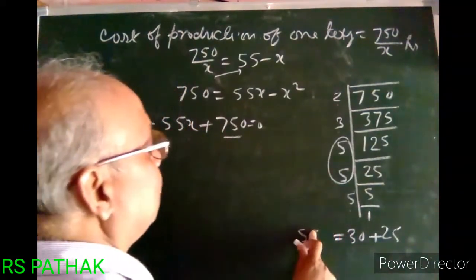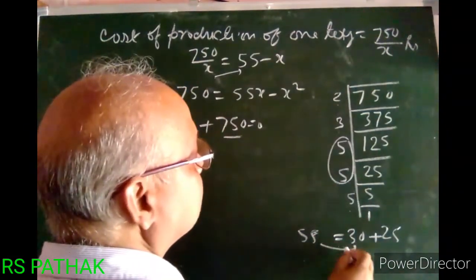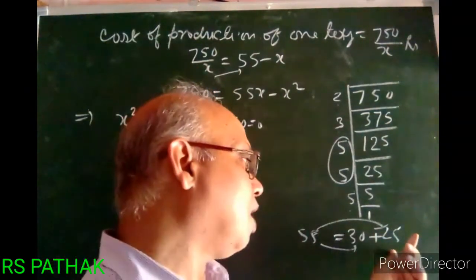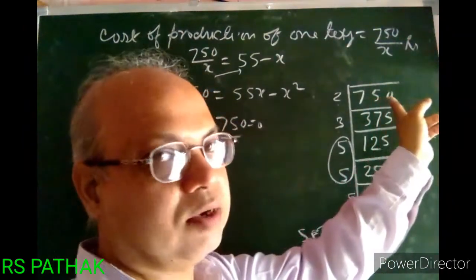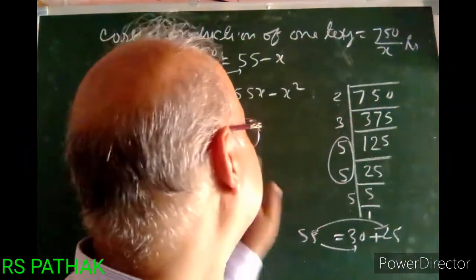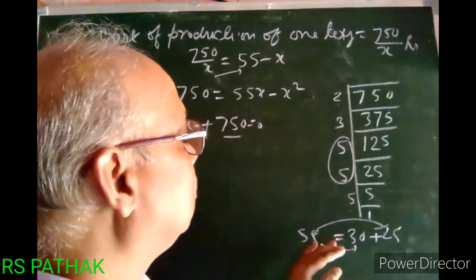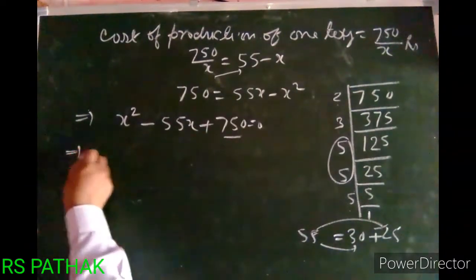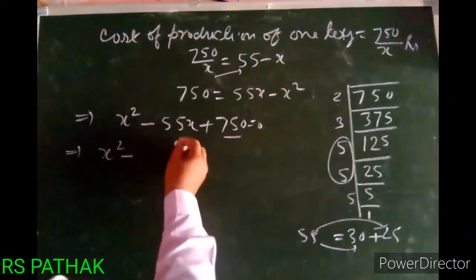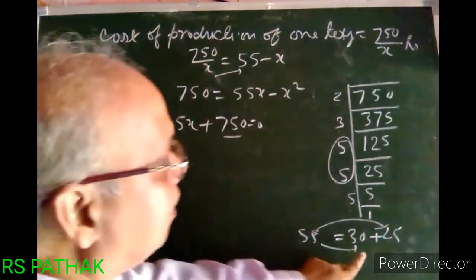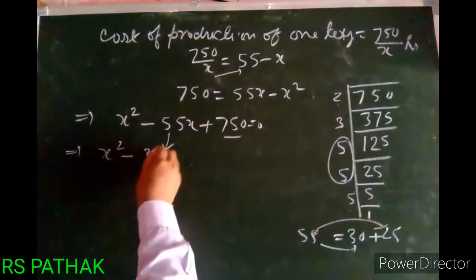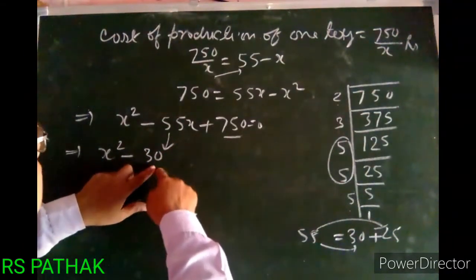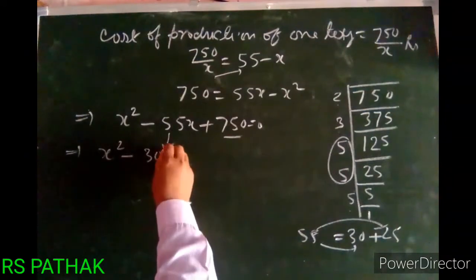Now 55 has been broken into two numbers, 30 and 25. After multiplication of 25 and 30, the result will come 750. Therefore, the middle term will be split into two numbers, 30 and 25. x square minus, in place of 55x, I will write 30x, 30 retained along with x.